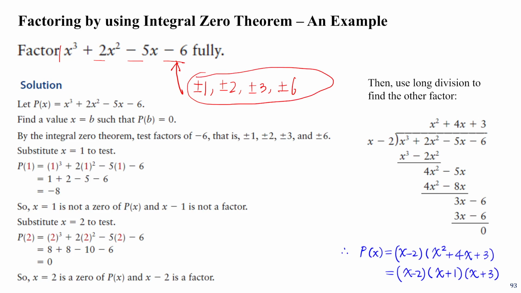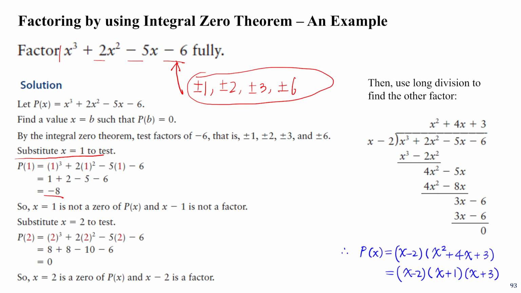For example, if we test x equals 1, substitute x equals 1 to the original x here, you will get a negative 8. Then you can pass positive 1. Then the next number you could test is either negative 1 or positive 2, right? So you can follow either order you like. If you test negative 1, it can be easily seen it's still not 0.